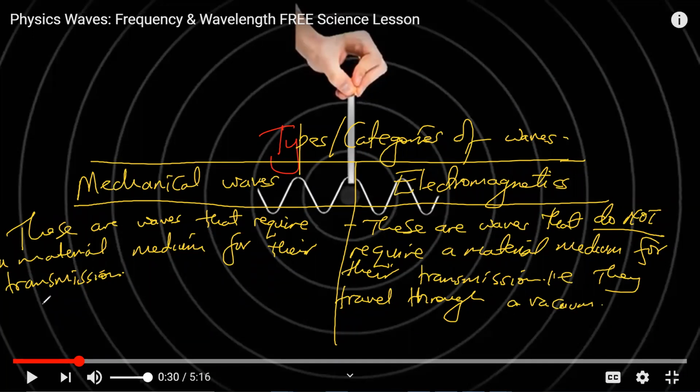And examples of mechanical waves, there are very many. For example, we have water waves, we have sound waves. We shall see that sound waves actually require a material medium later on. Another one can be the water waves.